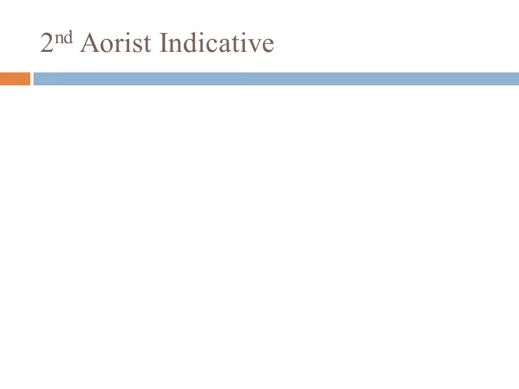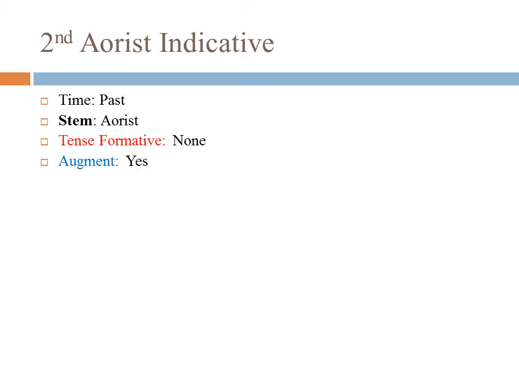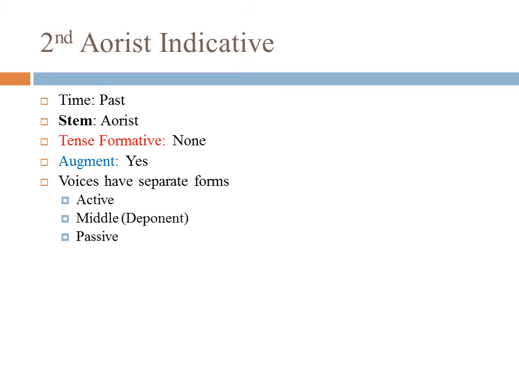It takes the same endings as the imperfect that we just saw, looks just like it, except it's going to take a different stem. So the time is past again. The stem is aorist. Remember the imperfect, the stem was present. The stem is aorist, it's a new stem. The tense formative is none. It has no tense formative, just like the imperfect. Yes, it has an augment, it's a past tense.